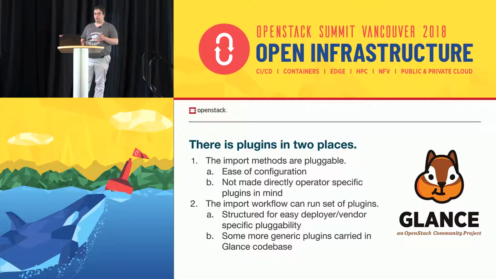The config lives in its own config file, so it's easy to find where you have those options, and if you don't want to run any of the import plugins, you don't need to worry about that config at all.